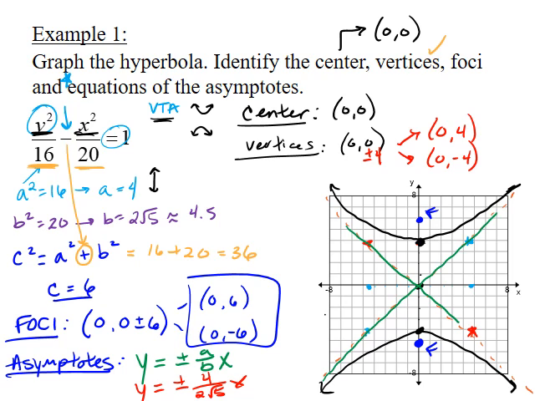And then if I want to rationalize, I could write this as y equals plus or minus 2 root 5 over 5 x. And that just represents the two different equations of the asymptotes, one with the positive slope and one with the negative slope. That's it.